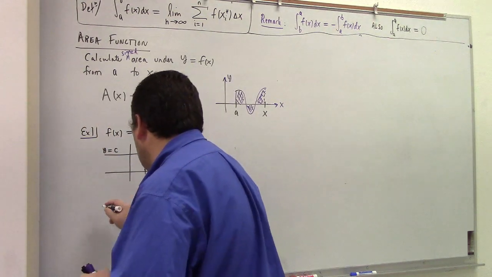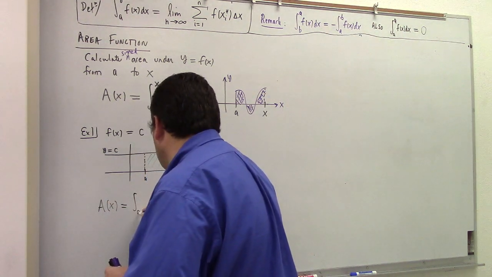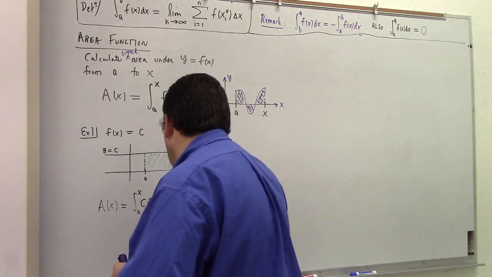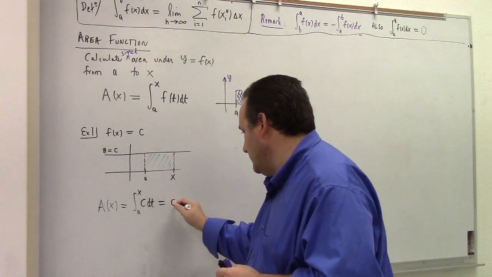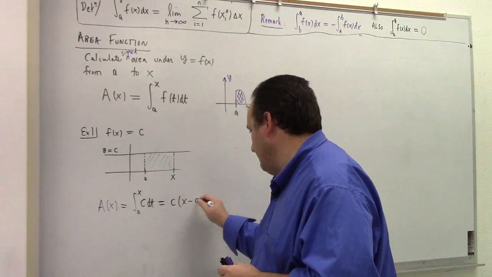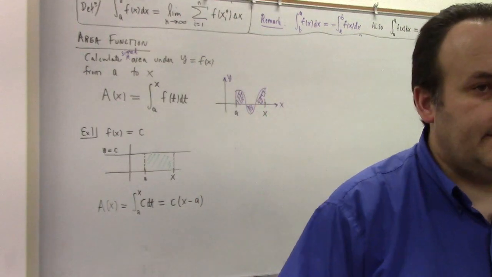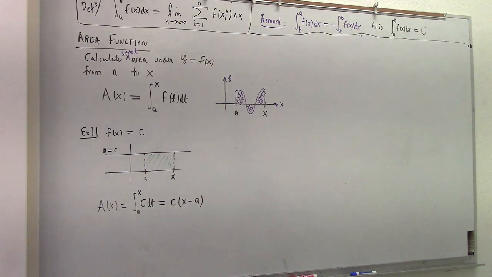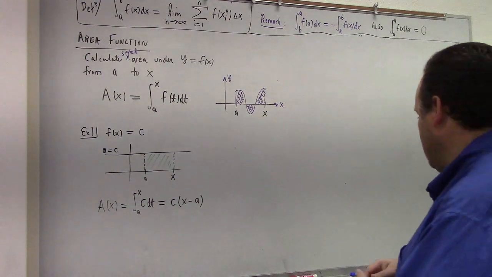A of x is equal to what? Okay, so the integral from a to x of c dt. From direct geometric reasoning, it's the constant times x minus a, isn't it? Do you guys see that? If no, just tell me no, okay?